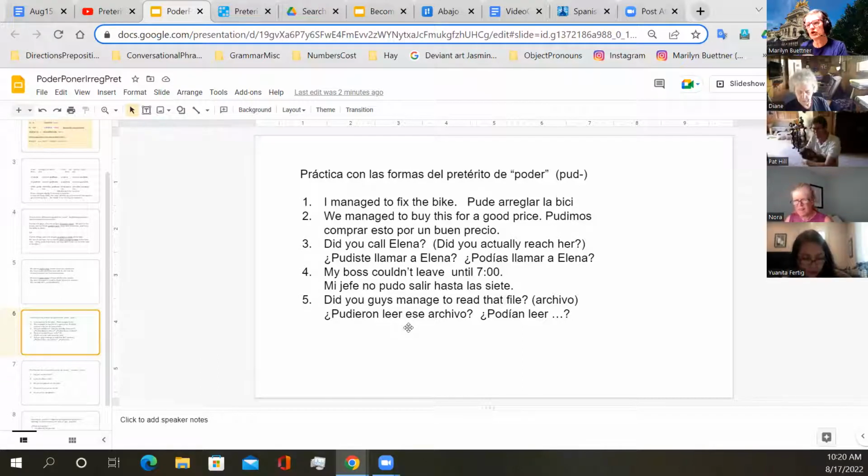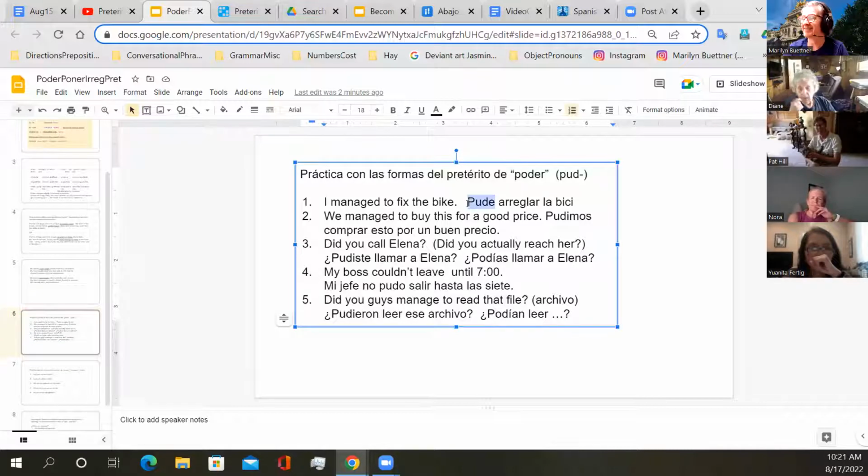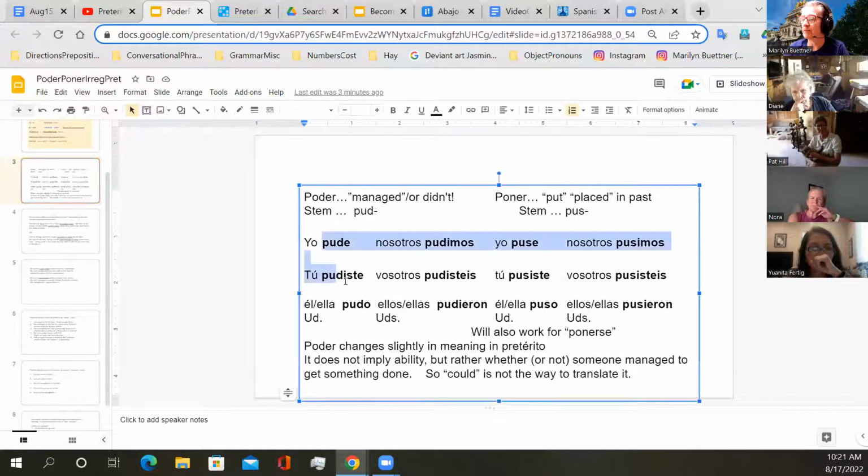It's actually useful to know this verb for a couple of reasons. One reason is that when you hear people using it, they mean, got it done. Somebody managed to actually make that happen, as opposed to just having the ability. And the other reason is this past tense form you get with pude, pudiste, pudo.